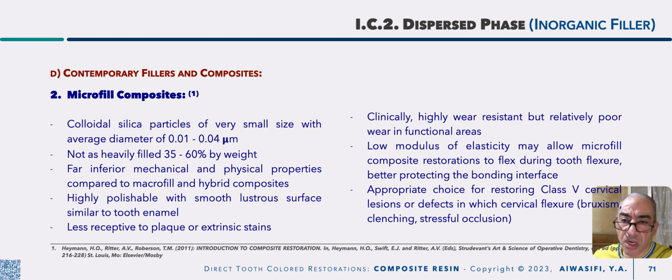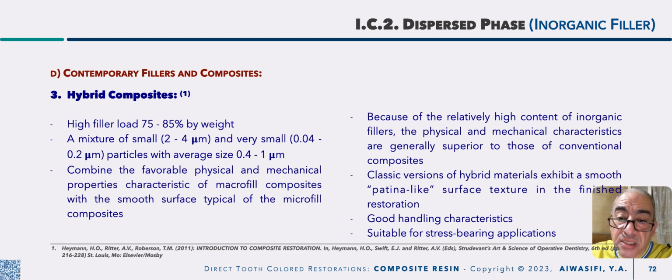Okay, that's why it is suitable to restore class 5 lesions in such a case, not only for its polishability and its smooth translucent surface, but also due to its low modulus of elasticity that allows it to flex with your tooth, and it will be discussed in full details later on.